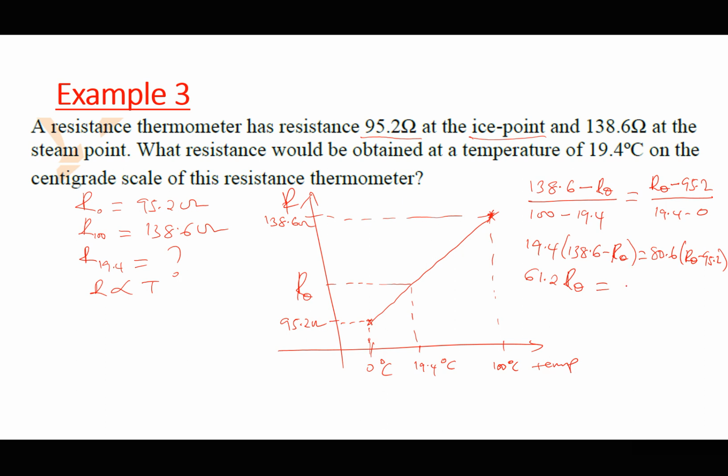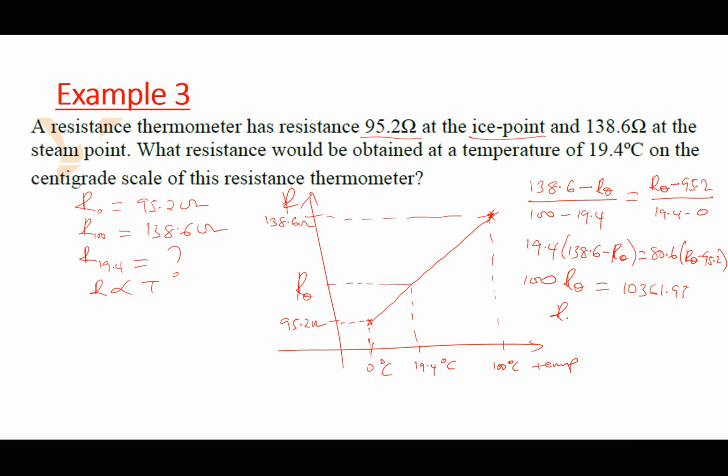So this side I have 10361.95. I think I need to check R theta. When I bring this R theta this side, I think it will be plus, not minus. So I have 80.6 plus 19.4, which is giving me 100. So that is 100 R theta.